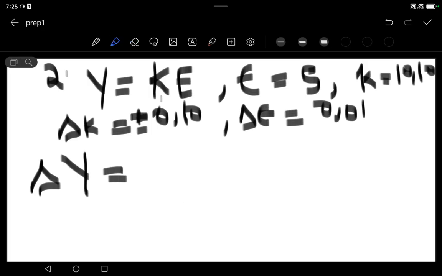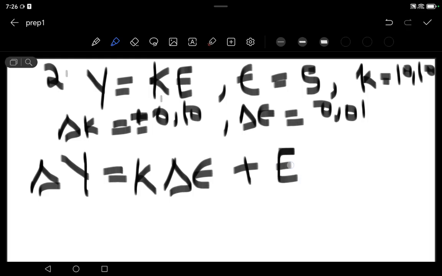It's a product rule. With the product rule, we copy and then we derivate, we copy and then we derivate. So we start with K, we copy K and then we derivate E, plus we copy E and then we derivate K. Like this. Do you get it?